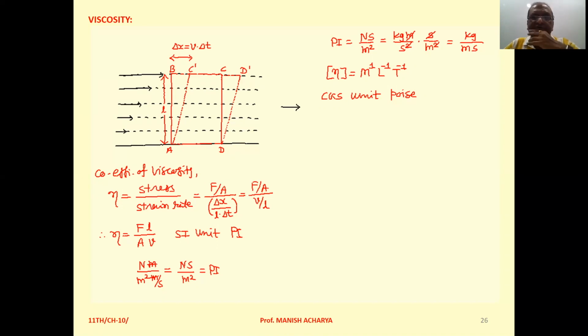Suppose we think about water, and with respect to that we think about honey or castor oil. Then water can flow easily compared to castor oil and honey. So for water, the coefficient of viscosity is less compared to those two. So this thing happens. Clear to all of you?